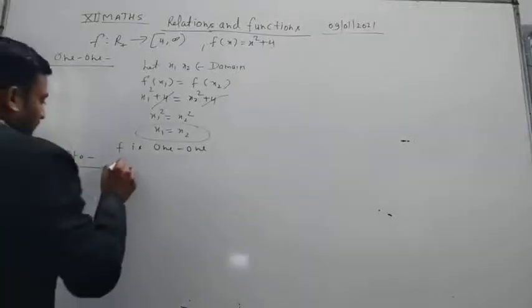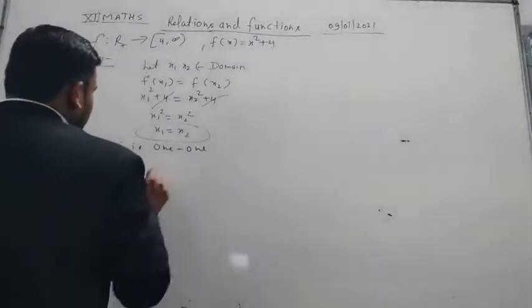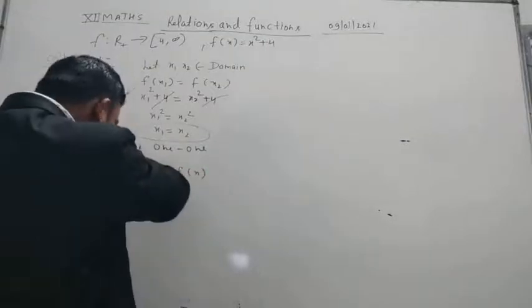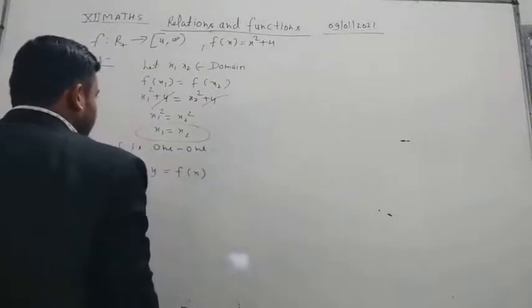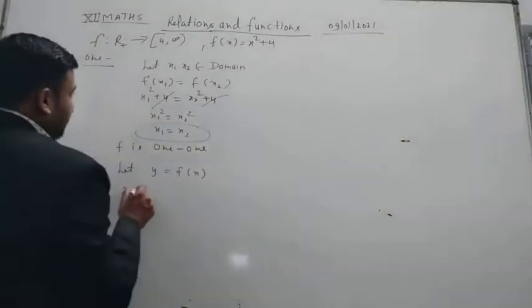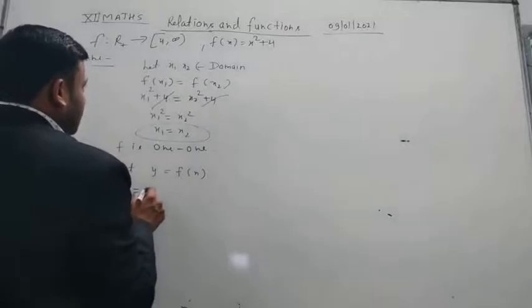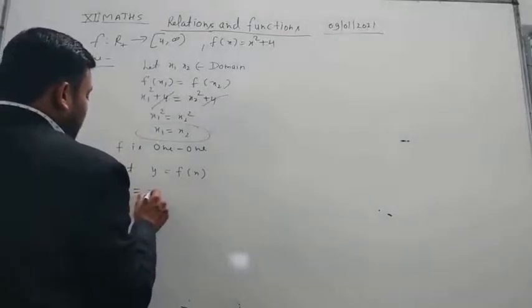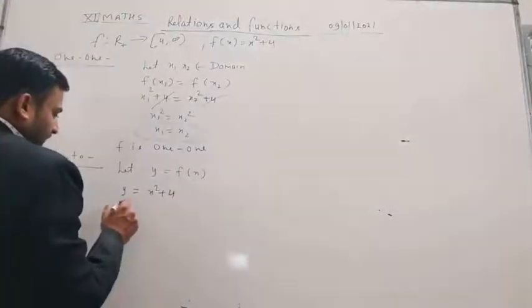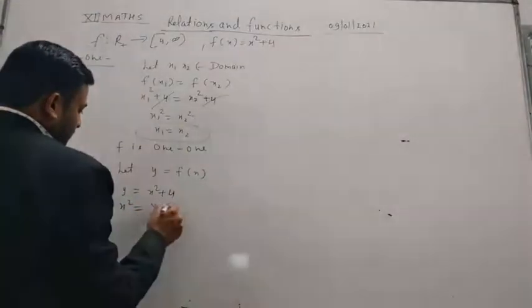So we let y is equal to f(x). Okay, students. So y is equal to f(x), so we write x square plus 4. Now our x square is equal to y minus 4.